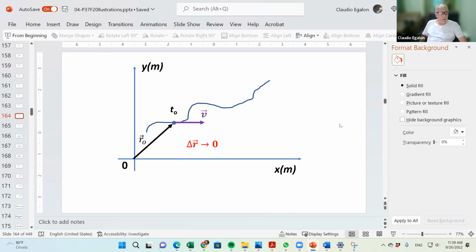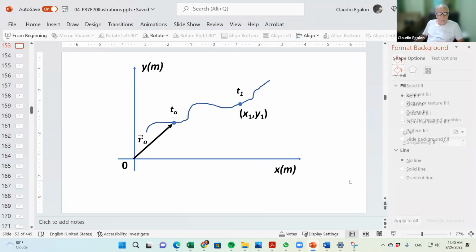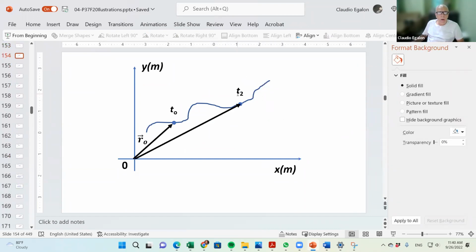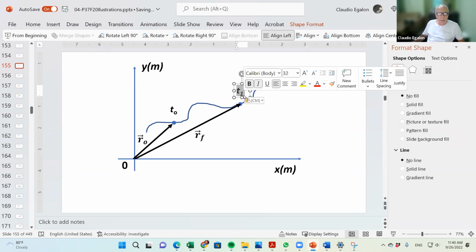Here you go. Eventually, when delta r goes to 0, the instantaneous velocity becomes tangent to the path of the particle. And I'm going to correct all those T2s here, they're supposed to be T1, so you don't get confused. Here you go, T1. I don't want the number 1 to be italicized.